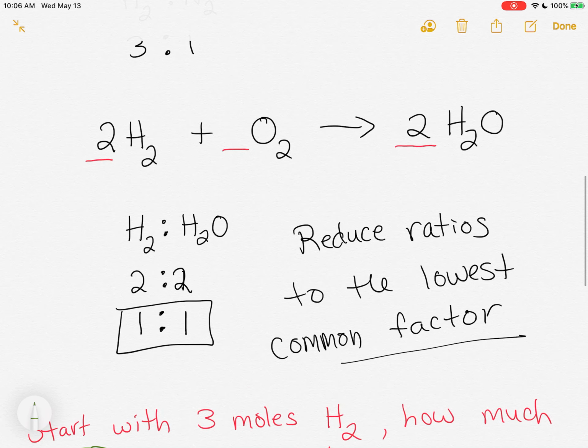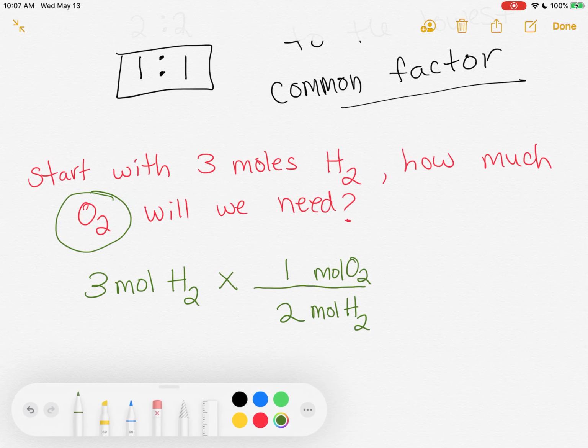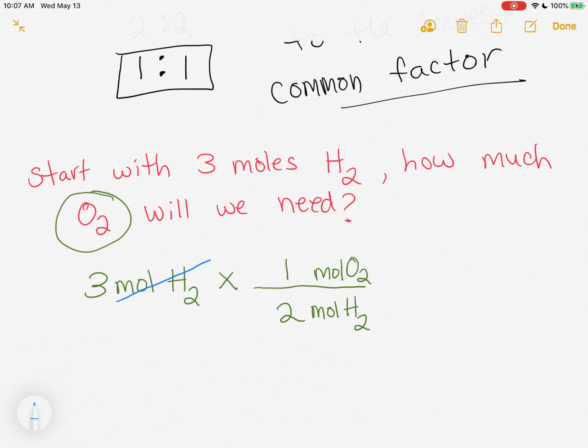Now the numbers are the mole ratio. So if we look back at our reaction, the ratio of hydrogen to oxygen is 2 to 1. So for every 2 moles of hydrogen, there's 1 mole of oxygen. And so we're getting a conversion factor of 1 over 2.